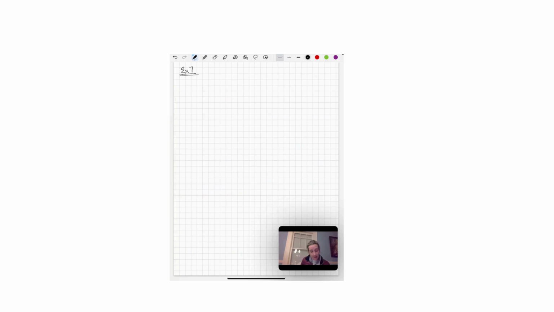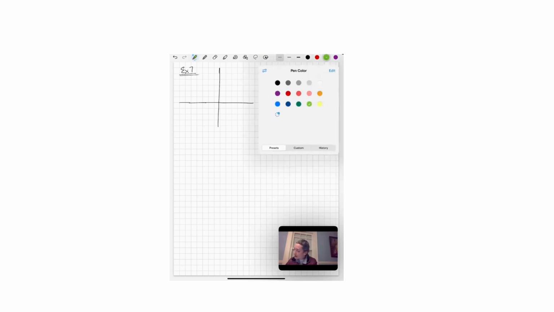So for example 7, we're going to sketch a graph. We don't have to be super persnickety about all our tick marks on this one. But I am going to label a couple of points. I'm going to label a point back here, -2, 6.